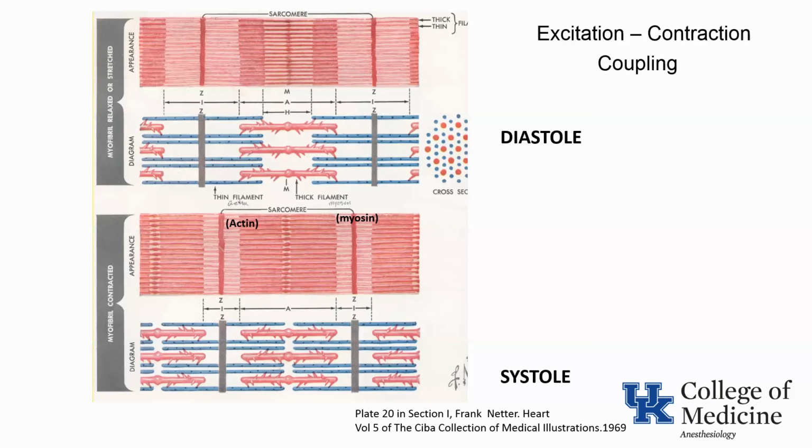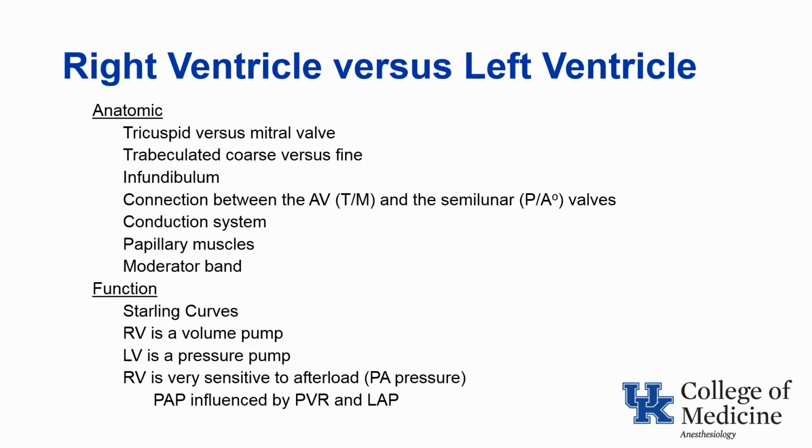Finally, this shows the relationship of the thick myosin filaments and the thin actin filaments at end diastole and at end systole, and shows what would be observed on electron microscopy.